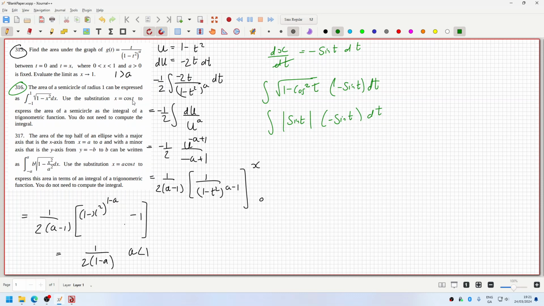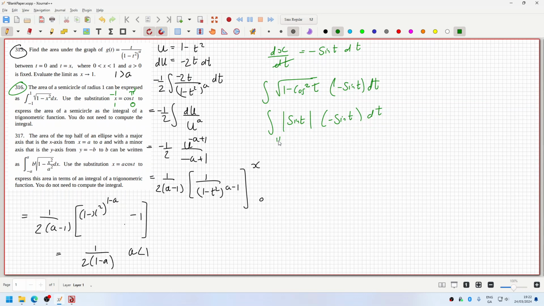When x is -1, t will be pi, and when it's 1, it'd be 0.